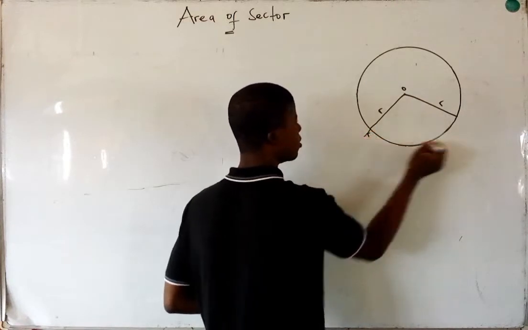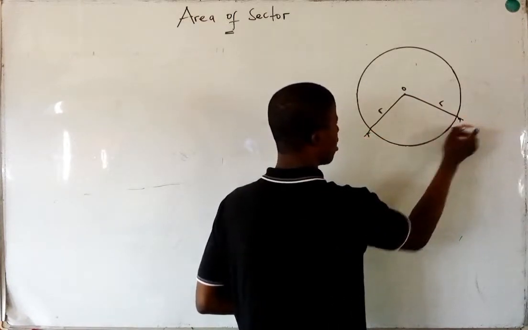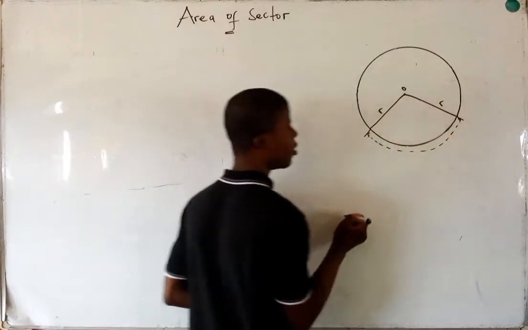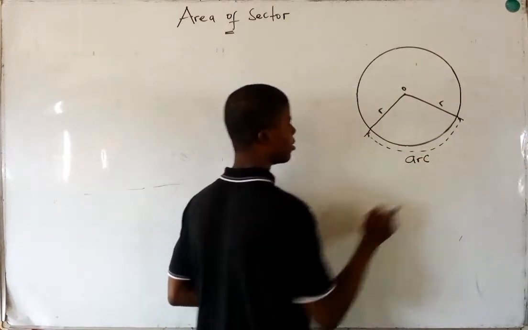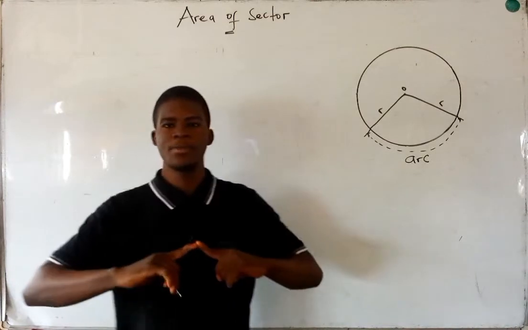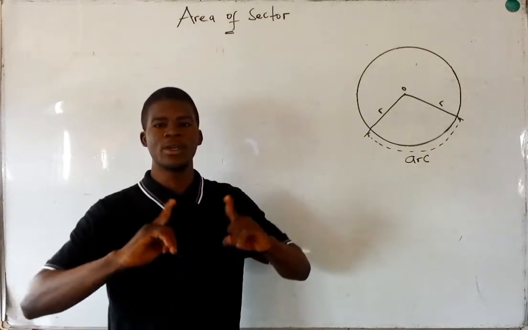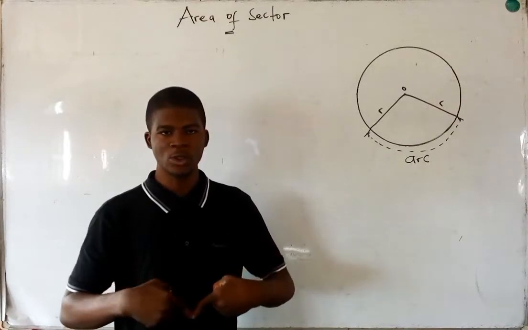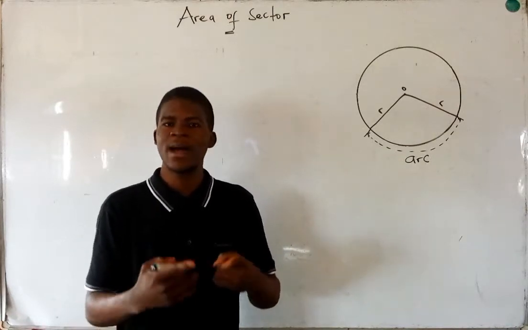From this point to this point, I have this curve, and it is called an arc. An arc is a part of the circumference of a circle. So when you share the circumference of a circle into two or more parts, you have arcs.